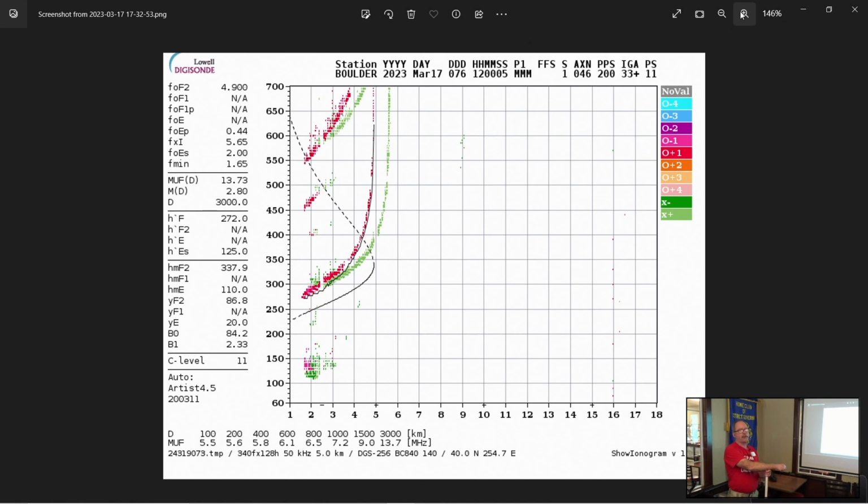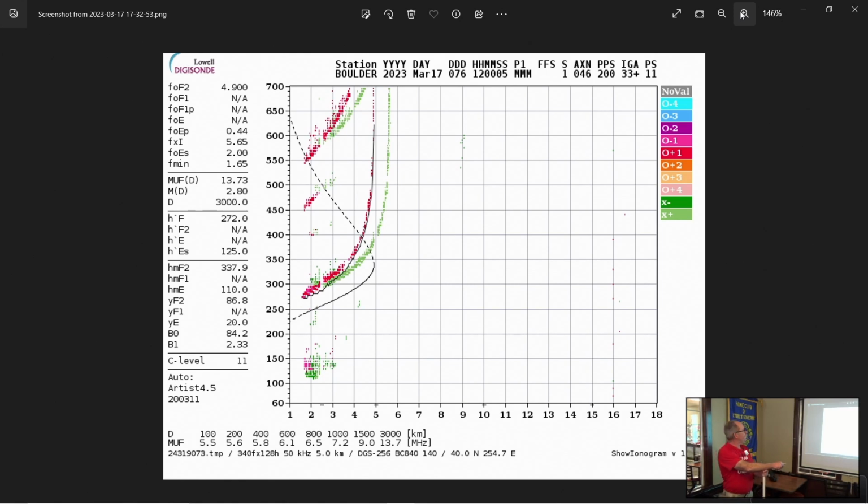That's called the extraordinary or the X return. That's usually about 800 kilohertz higher, and it's about 1/4 as strong of a return. We've worked X return before, so we've worked in this region successfully, but it's not nearly as effective.